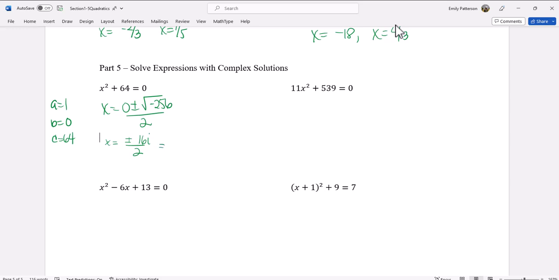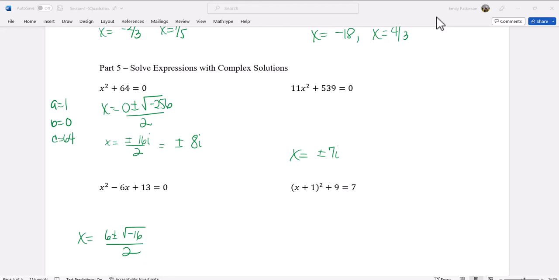So when we reduce this, we're going to have x is equal to plus or minus 16 divided by 2, which is 8i. So we're still doing everything that we did before. We just need to make sure that at the end, when we simplify the radical, we actually pull out the i. So go ahead and solve these, and I'll show you that component.